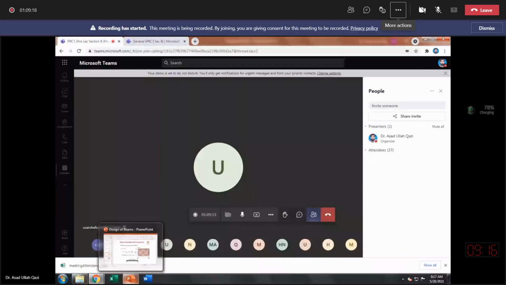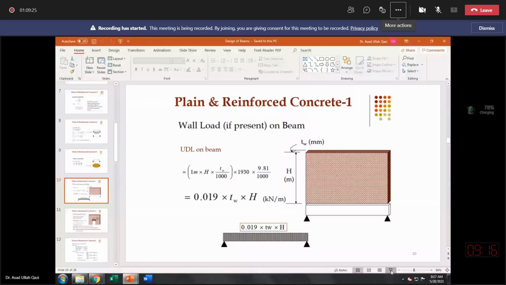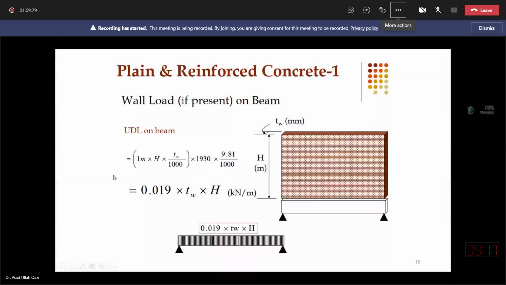So the lecture is being recorded. So I resume on slide number 10, the discussion is on how to include masonry wall load on the beam. In this one slide, it is simply explained that you need to use the density of the masonry.